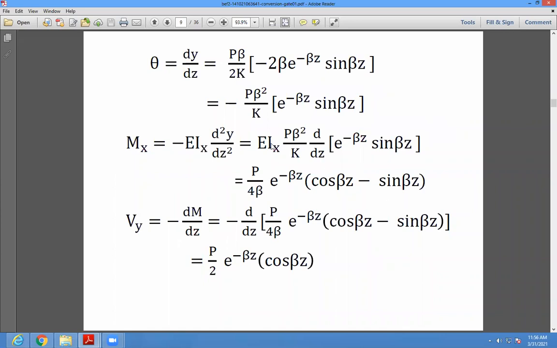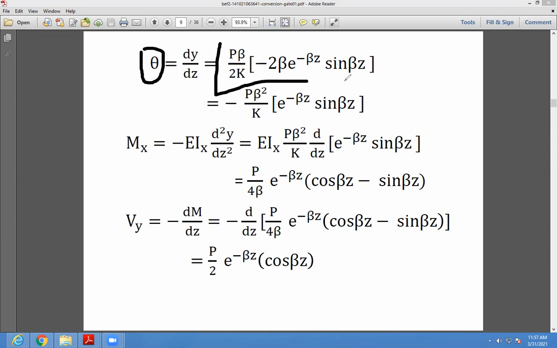So dy by dz is the slope theta, right? Rate of change of deflection we get the slope. So dy by dz is equal to theta, that is slope. So whatever the equation of y, that we have to differentiate, taking the derivative with respect to z.